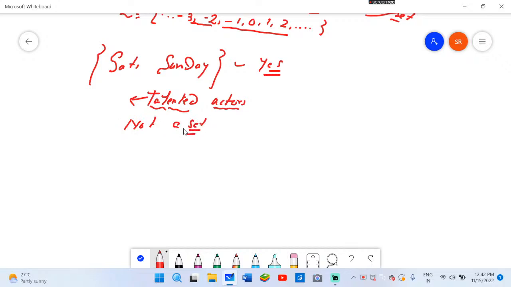Next is the collection of 5 great batsmen of cricket. Now, how to decide if somebody is a great batsman or not? It is not possible to decide.